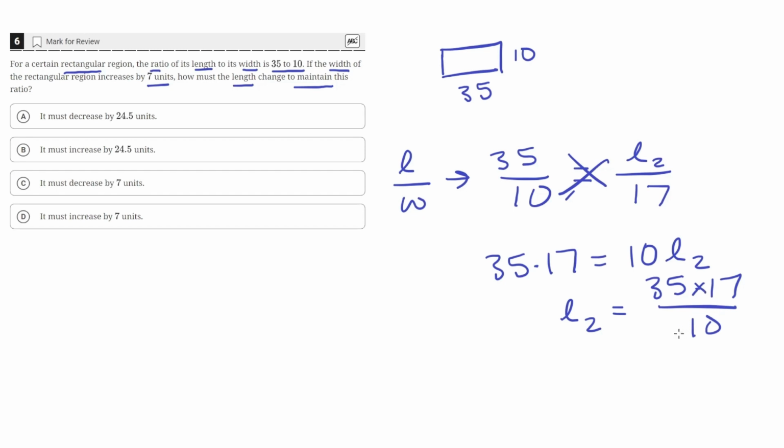If we plug that into our calculator, we get that L2 equals 59.5. And the original length was 35, so our length increased by 24.5 in order to maintain the ratio after we increase the width. So the correct answer has to be B.